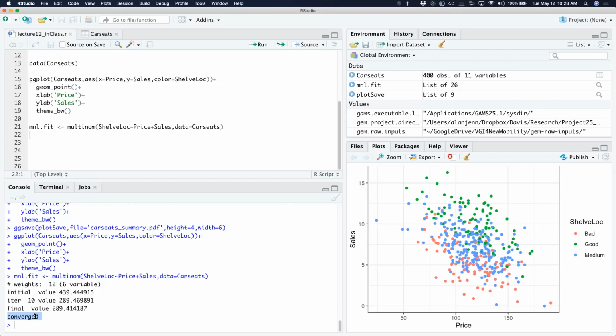It's going to continue to iterate until it reaches some kind of threshold, and then it'll say that it converged, and then it'll be able to tell us the value of the coefficients that it solved for. So we can take a quick look at that.